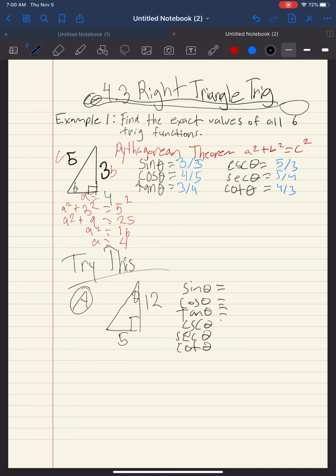So please use this triangle to help you solve for the 6 trig functions. Once you're finished, we will continue through the video.